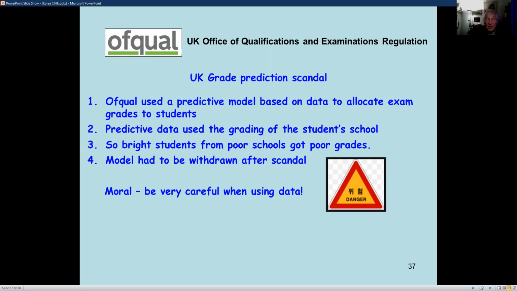This caused an outrage when it was discovered because such students were being badly penalized for something that wasn't at all their fault, and the model had to be withdrawn. So there's a moral here. When you're using predictive outcomes, be very careful to choose your data properly and watch out for unwanted outcomes.